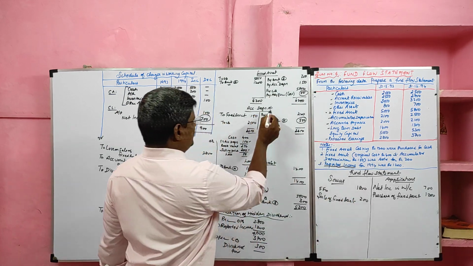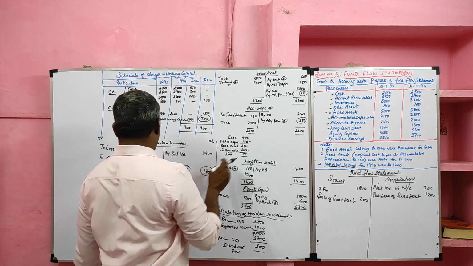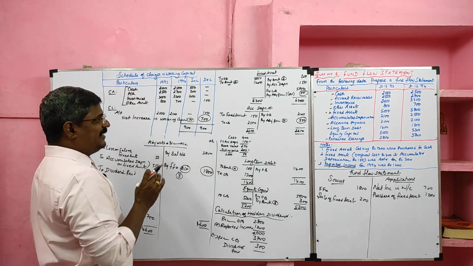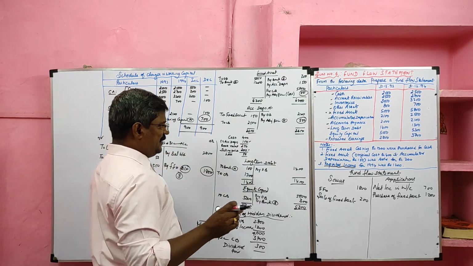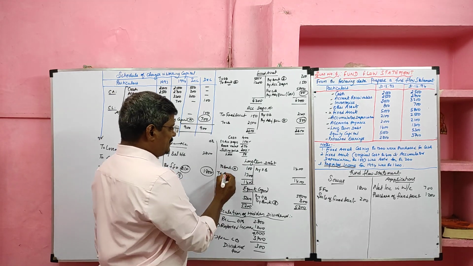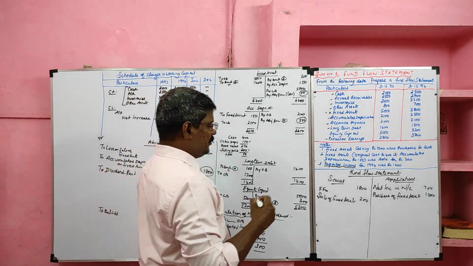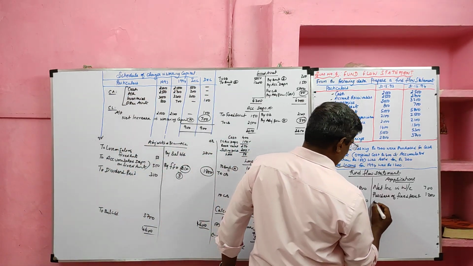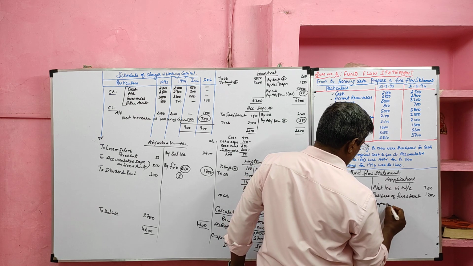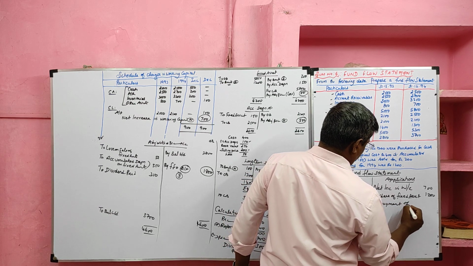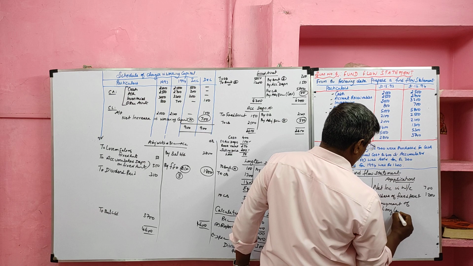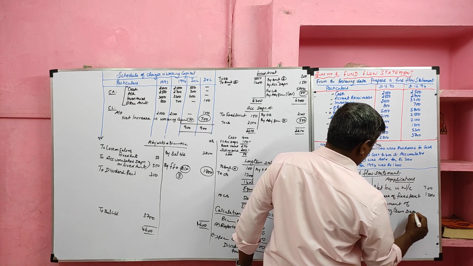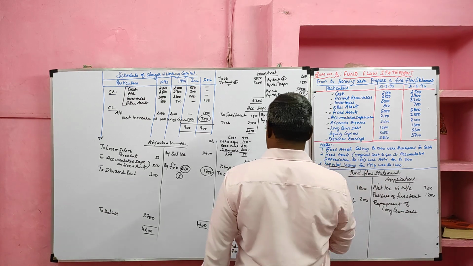Then accumulated depreciation account, we prepared the balancing figure transferred to the adjusted profit loss account debit side. It will not come to fund flow statement. Then long term debt, the balancing figure appeared in the debit side, so it will be considered as repayment of long term loan. Repayment of long term debt or long term loan, its value 100 rupees.